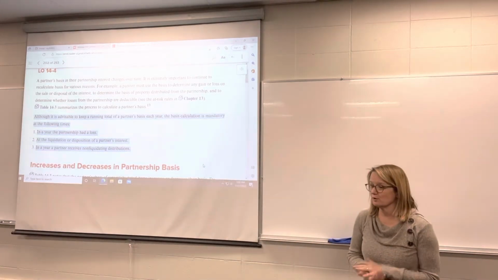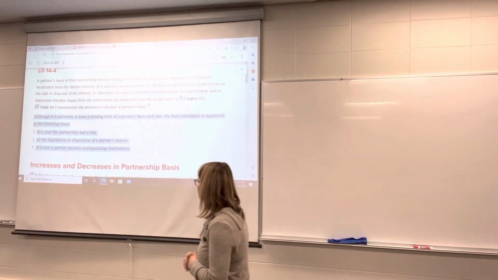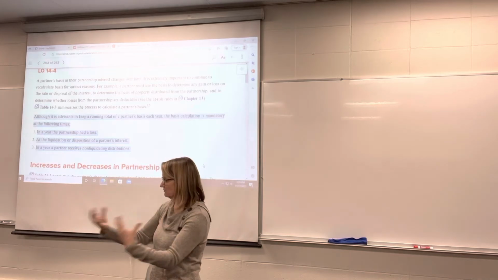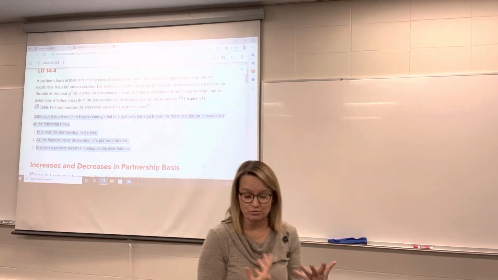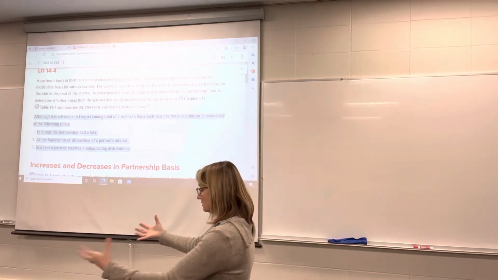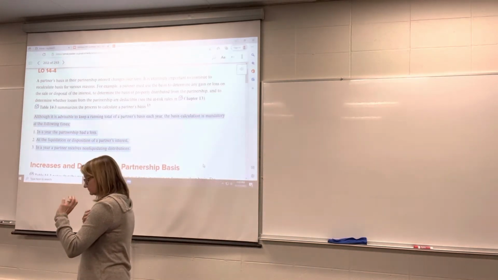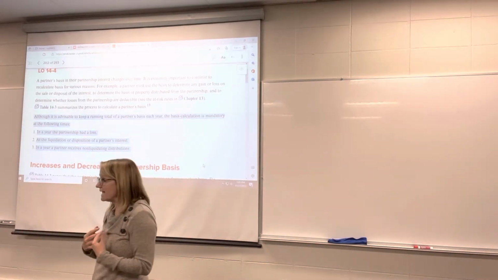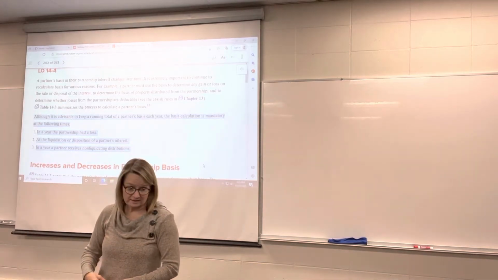Or in a year when a partner receives what's called a non-liquidating distribution. Now we're going to talk a little bit more about distributions in the next section. Here, non-liquidating distribution means the partner is getting something out of the partnership, some sort of withdrawal. Usually it's cash, but sometimes it could be property as well. So the partner receives a distribution, but they still own their share. It doesn't change their ownership. Think of it like making a withdrawal from your bank account.